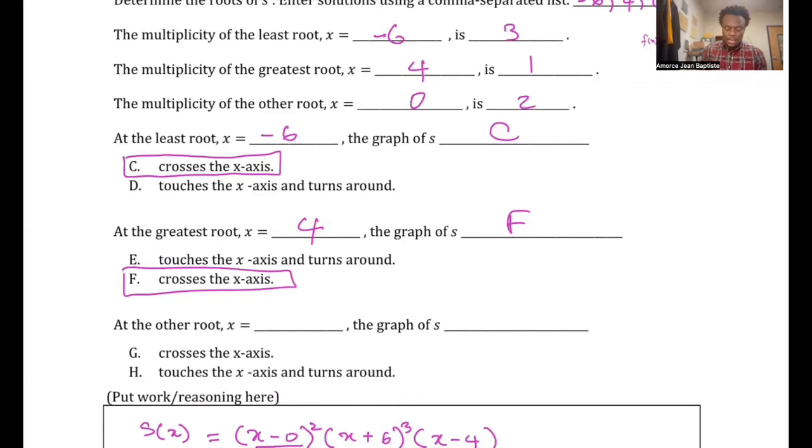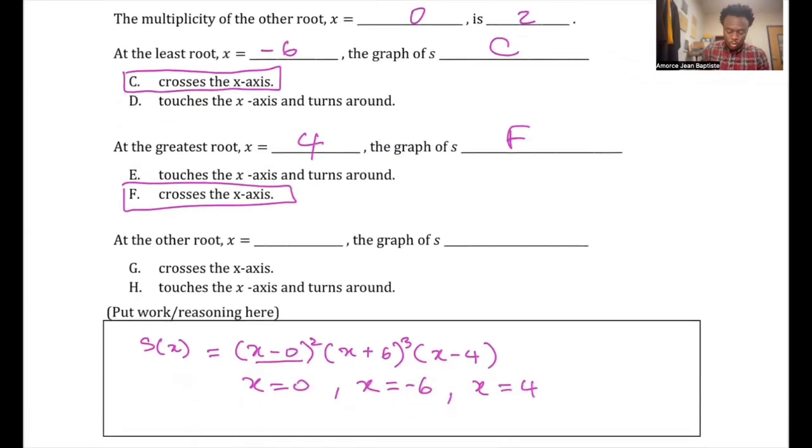And at the other root, which is 0, you have a touch and turn because the multiplicity is even.